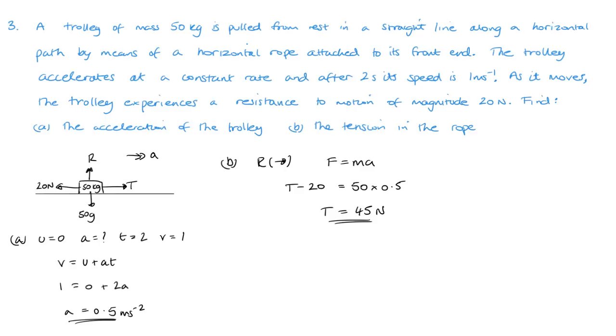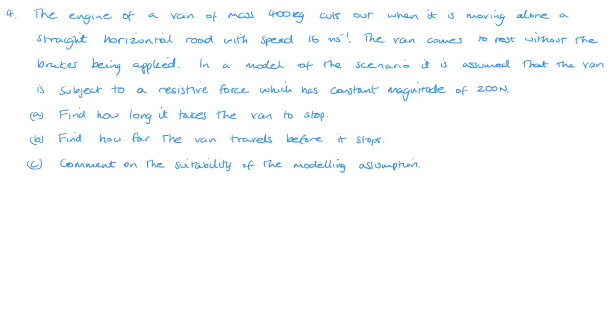Now let's look at the final question, question 4. So we've got a van of mass 400 kilograms moving along a horizontal road.